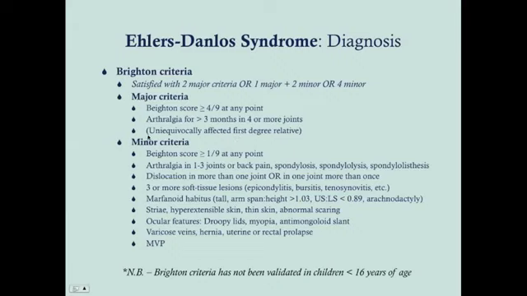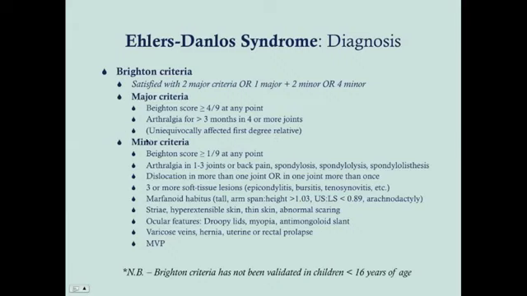So in other words, you could really consider having an affected first-degree relative to be a major criteria, since if you have that plus 2 minor criteria, then you have a tentative EDS diagnosis. The major criteria are a Beighton score of more than 4 out of 9 at any point, which should be consistent with JHS, and arthralgia for more than 3 months in 4 or more joints.